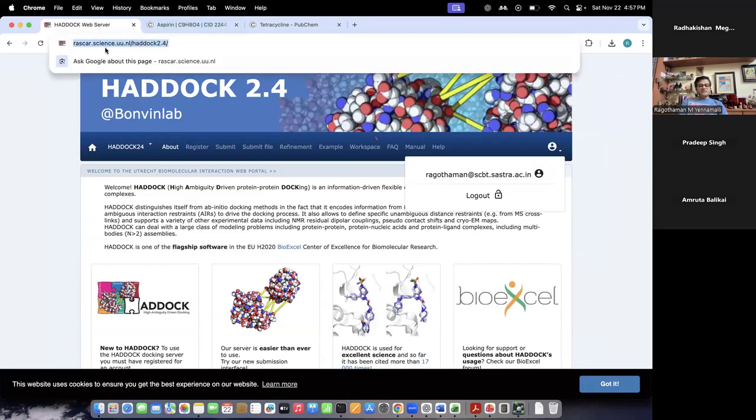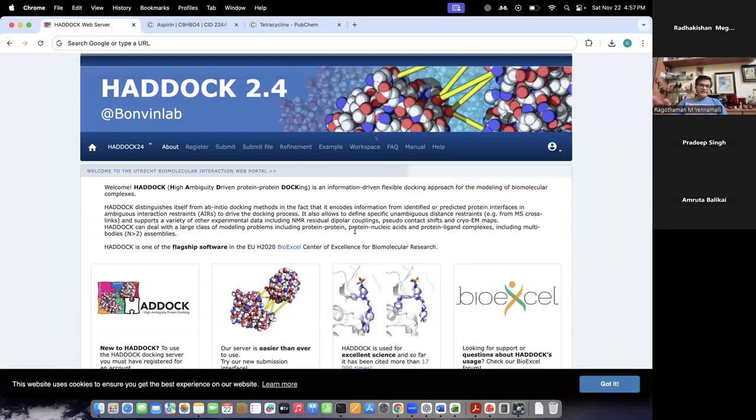Create a login, and wait till you get it activated. You don't need an academic email ID to get activated. You can use your personal Gmail as well, and you can see whether you're able to play around with it.